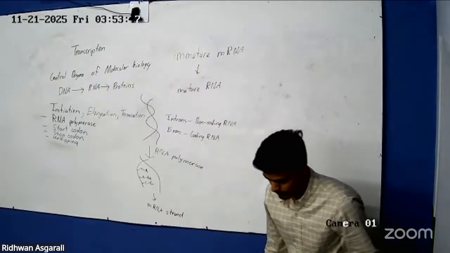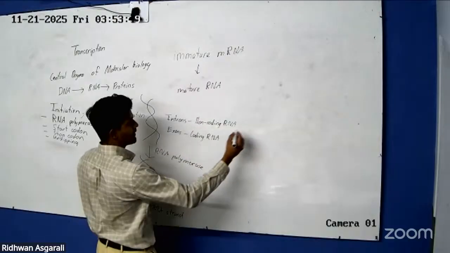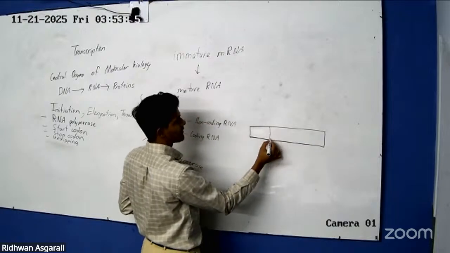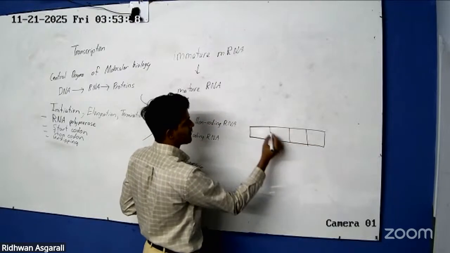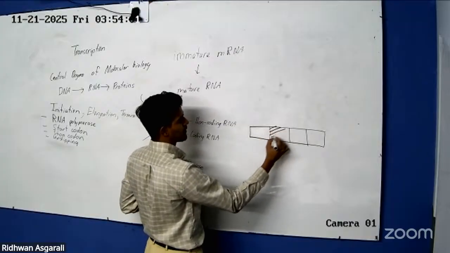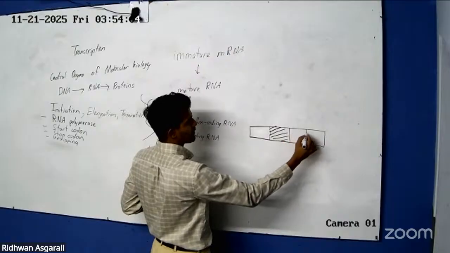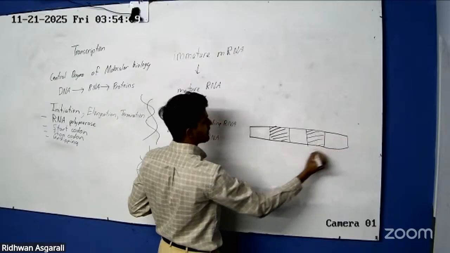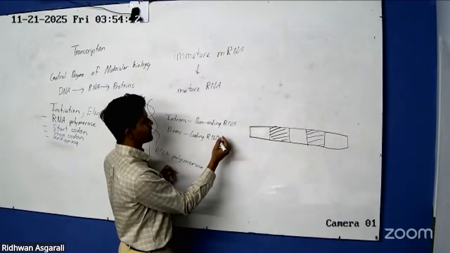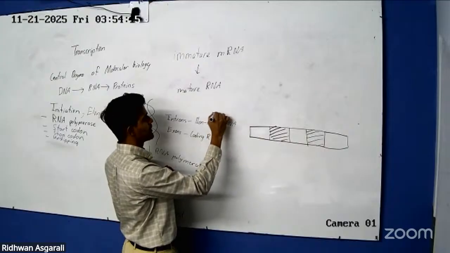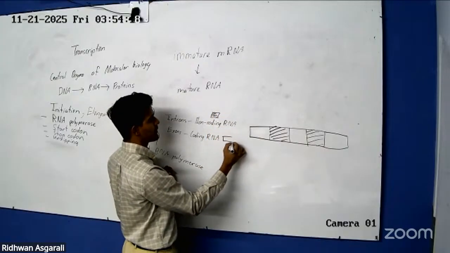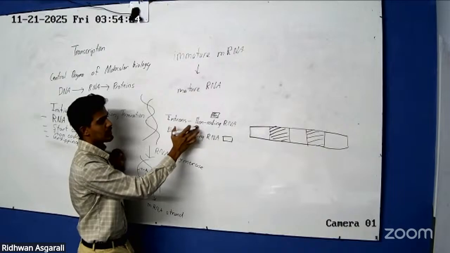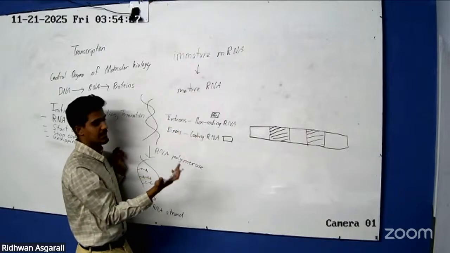Let's say this is your RNA strand. We're using the shaded ones to represent introns and clear ones to represent exons. Your introns are the non-coding part of the RNA. When we say non-coding, it simply means it doesn't code for a protein. They're just taking up space right now.